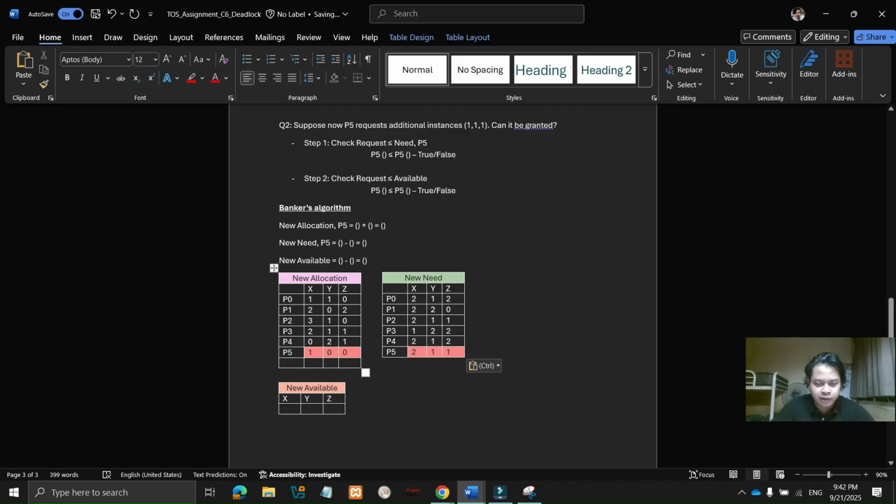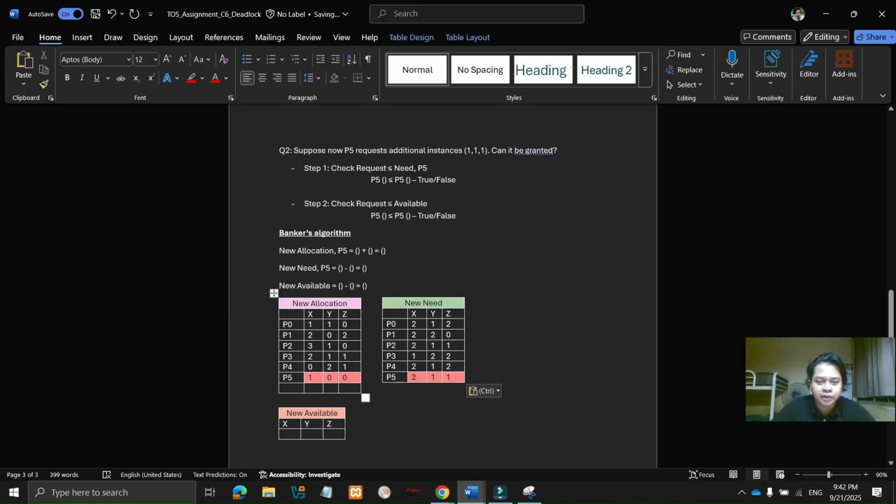And later this line will be changed due to the P5. Now step 1 is to check whether the request is lower than the need of P5. So request is 1 1 1 and the need is 2 1 1.